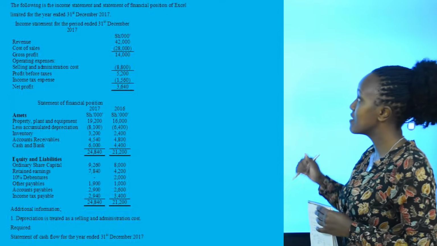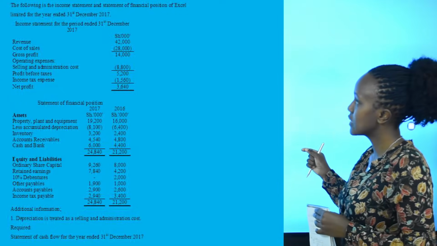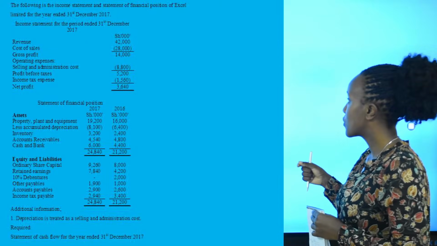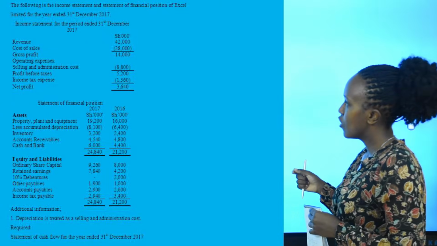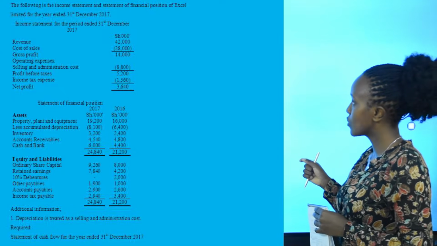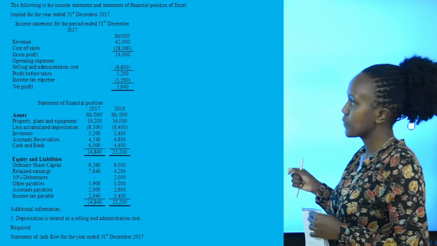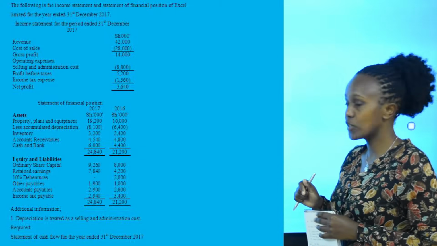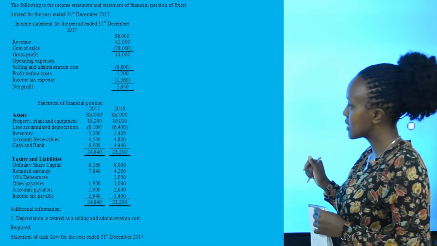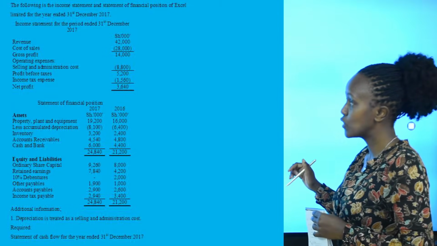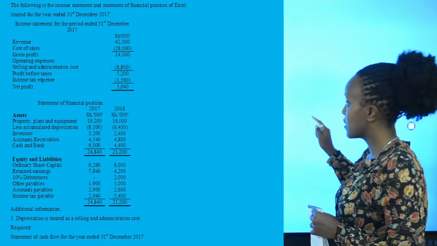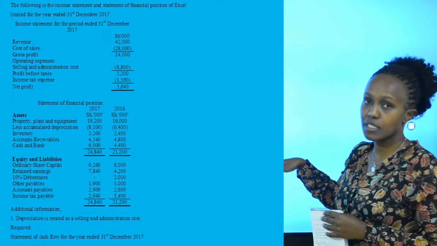We can see there is the revenue of 42,000, cost of sales of 28,000, gross profit of 14,000, operating expenses, specifically selling and administration cost of 8,800, and a profit before tax of 5,200. The income tax is of 1,560. Finally, you have a net profit, which is after tax, of 3,640. That is the income statement.